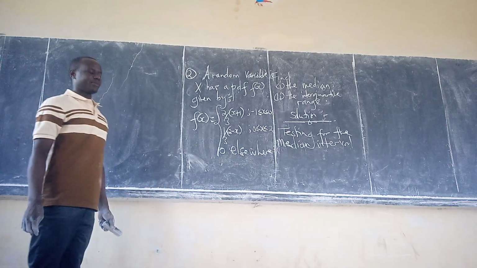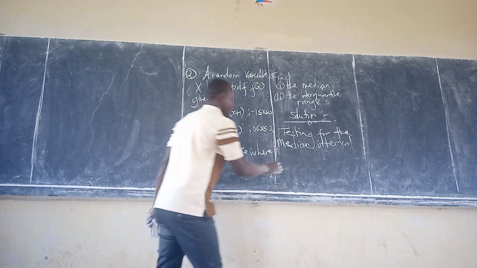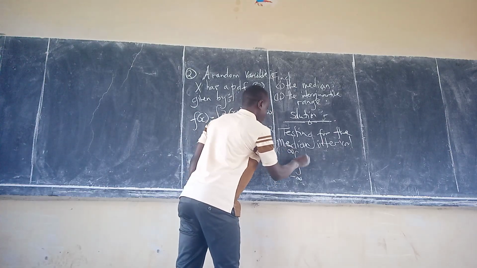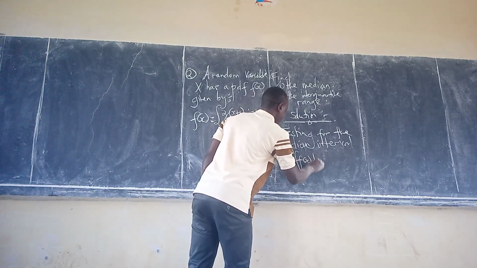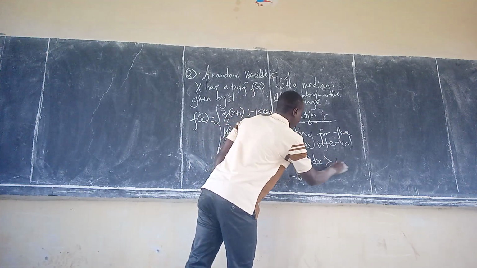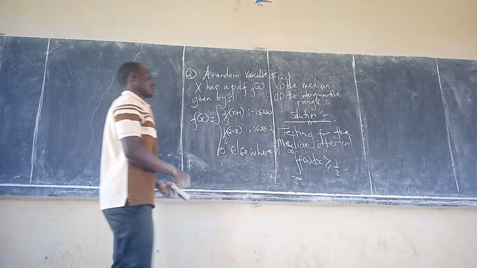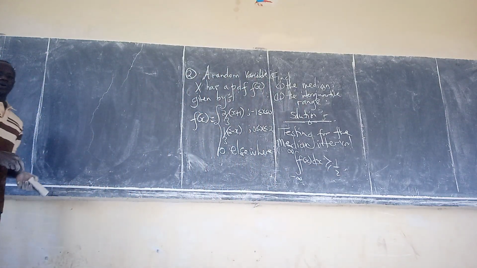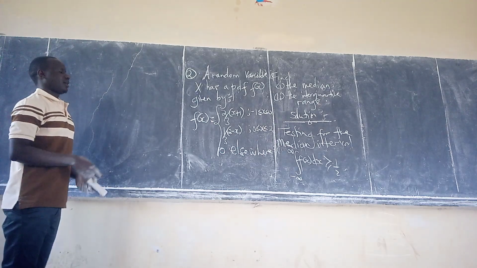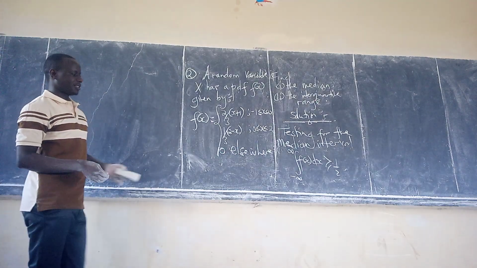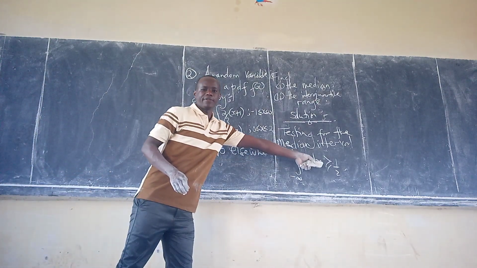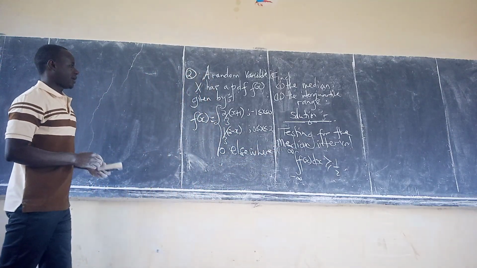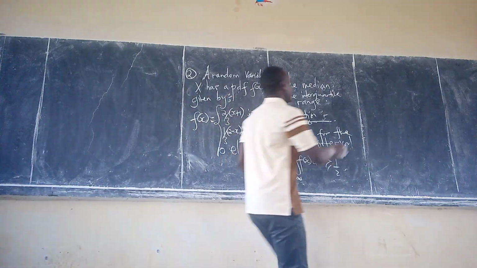While testing for the median interval, it is an interval whose integral from negative infinity to positive infinity of small f of x is at least a half. So you go interval by interval and you check whether it will give you an integral which is either a half or above half. So we are starting with the first step.